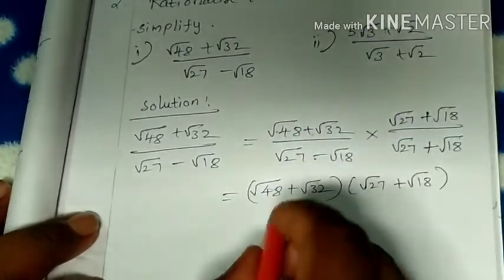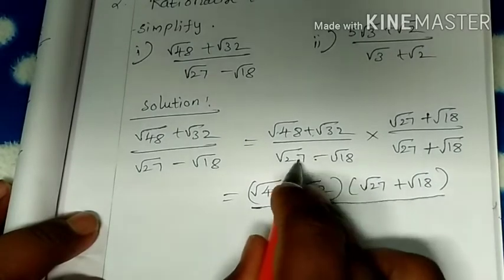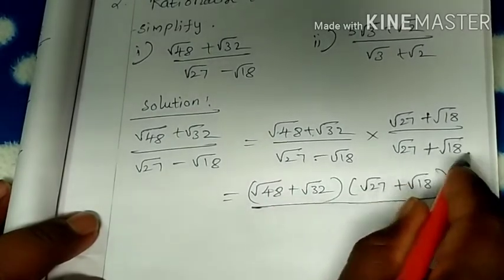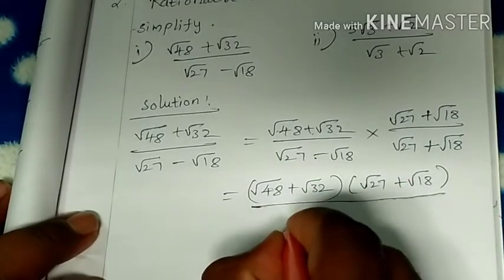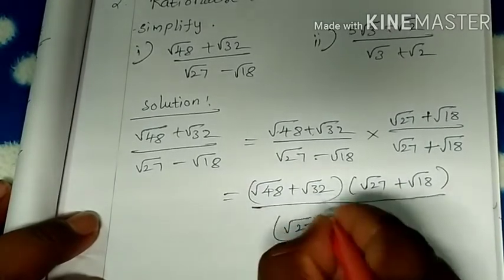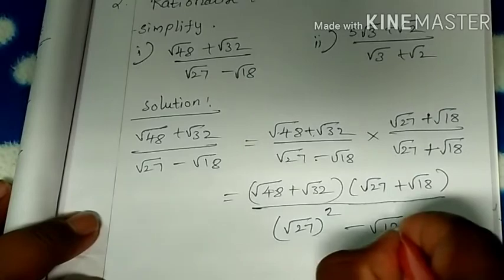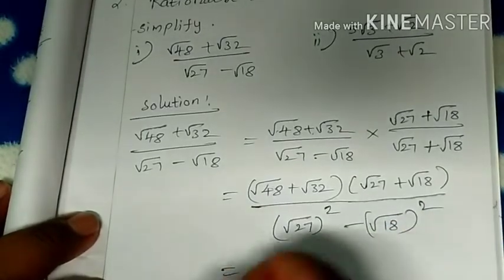Numerator with numerator we multiply. In the denominator, consider this as a plus b and a minus b; we get the a squared minus b squared formula. So a is root 27: root 27 squared minus root 18 squared.